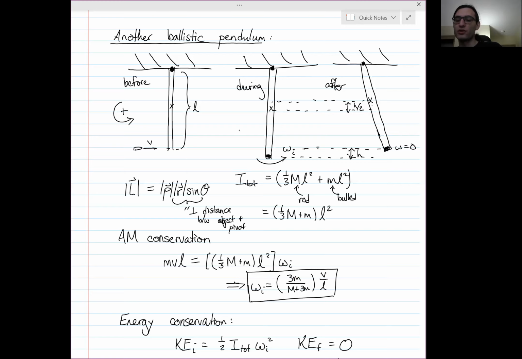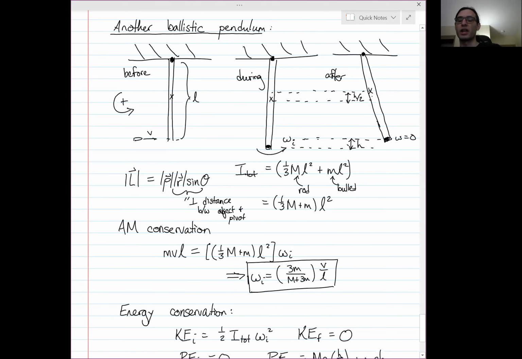We don't really have a useful expression for the velocity of the bullet after it hits the rod. So it makes more sense to treat all of the parts of the kinetic energy that would be translational as rotational, because you can. All rotational kinetic energy is just translational kinetic energy of a whole bunch of different parts.